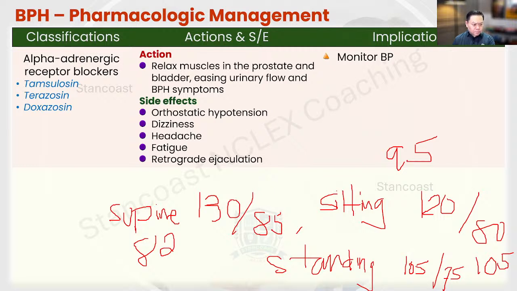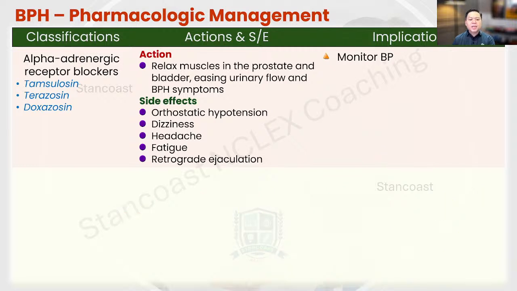Now, since we're talking about the implications here, aside from monitoring the blood pressure, we're also going to teach the patient to avoid sudden positional changes. Like I've said, when probably you already determined that the patient is positive for orthostatic hypotension, then you're going to have to teach them, remind them that before they get up from the supine position, they need to slowly shift their position.